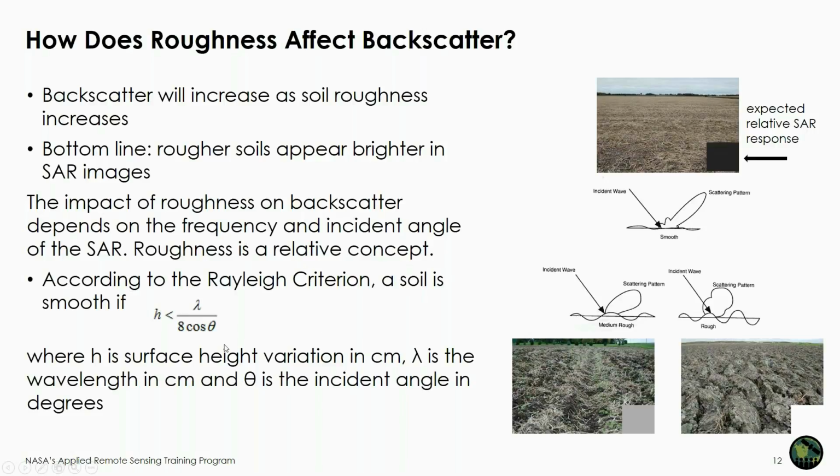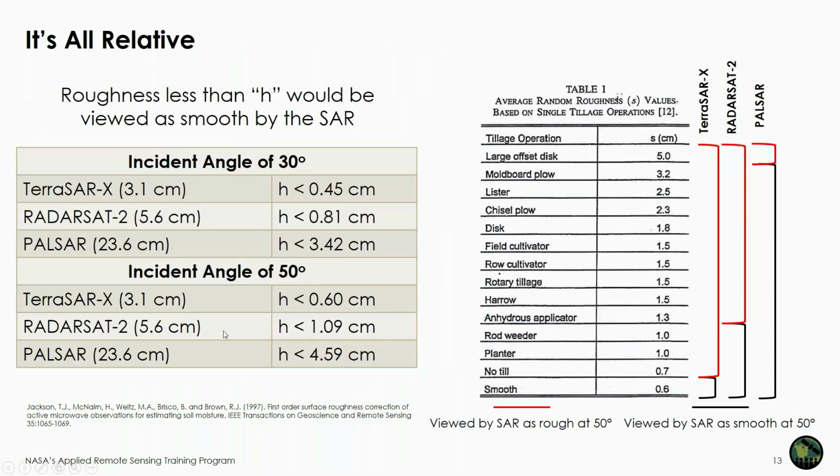The effect of roughness on radar scattering is related through this criterion, which we call the Rayleigh criterion, which defines roughness as a function of both the wavelength and the incidence angle. So I want to show you some concrete examples of what I mean by this relative sense of roughness to radar backscatter. What I've done here is I've calculated this H factor relative to different incidence angles, so we have incidence angles of 30 degrees and 50 degrees.